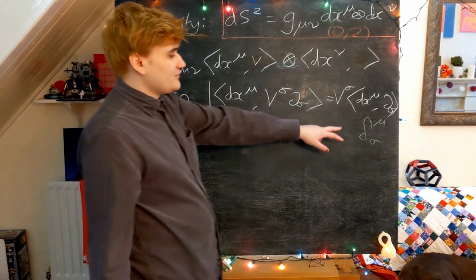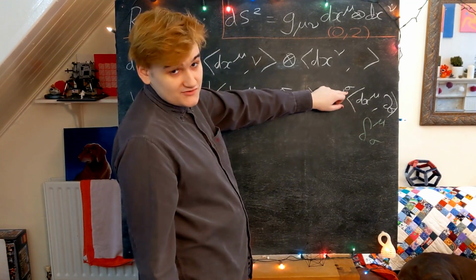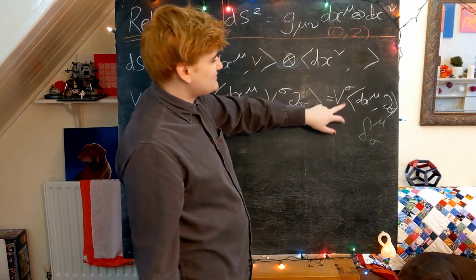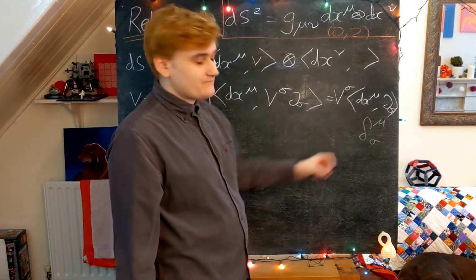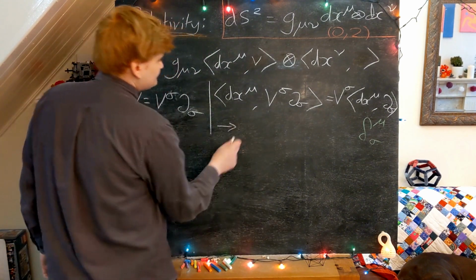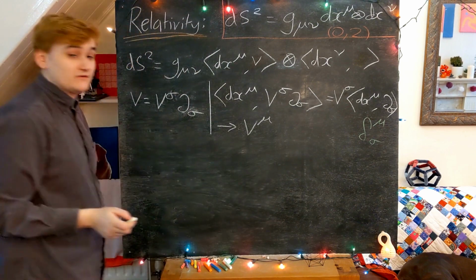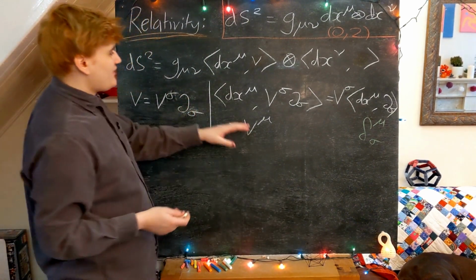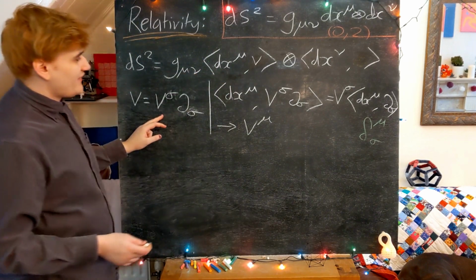So this whole object is just this Kronecker delta. When we contract the sigma index on these components, it reduces the sigma index to mu. And so this whole expression is just v mu. Okay, that's what happens when you evaluate this single bracket with a single vector.